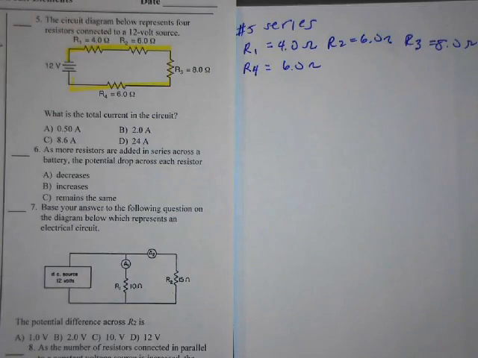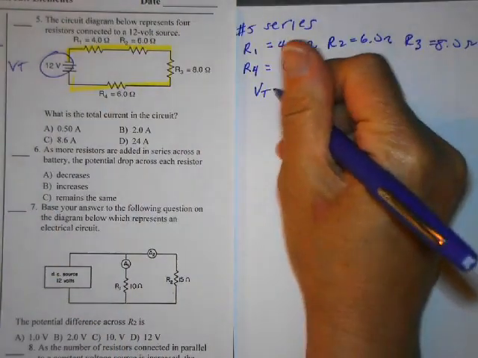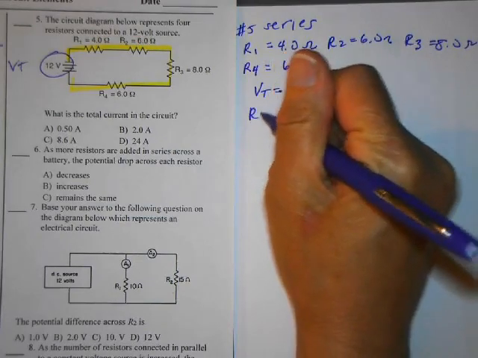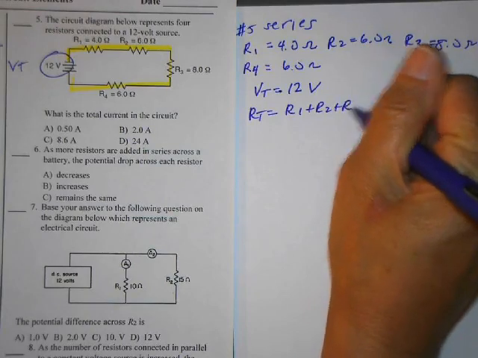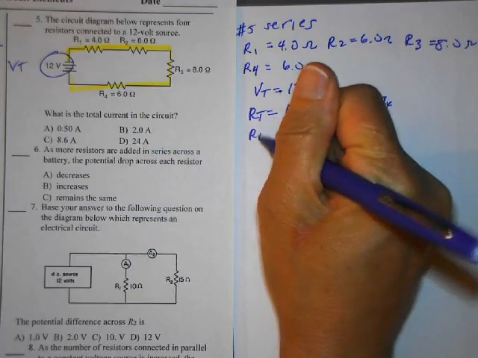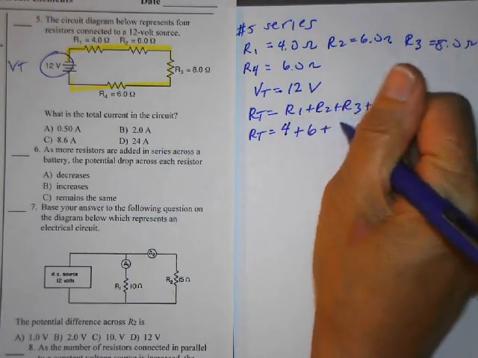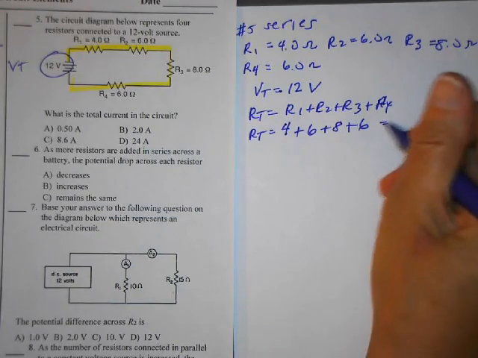So if I look at the picture, this is the battery. So the voltage is 12 volts. The total resistance would be R1 plus R2 plus R3 plus R4. So RT is going to be 4 plus 6 plus 8 plus 6. So that comes out to be 24 ohms.